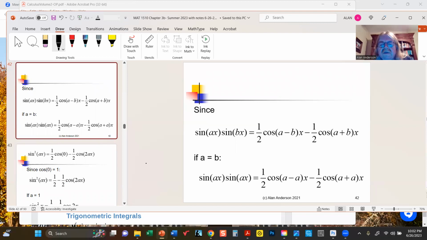What we're going to do is replace all the B's with A's. And so you can see this will be cosine 0. This is cosine 2AX. And this one could also be rewritten as sine squared AX.